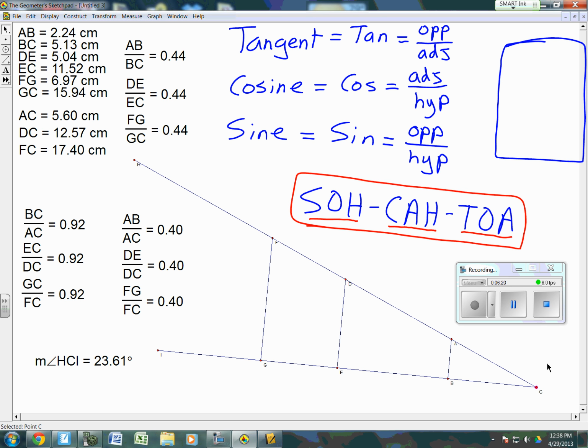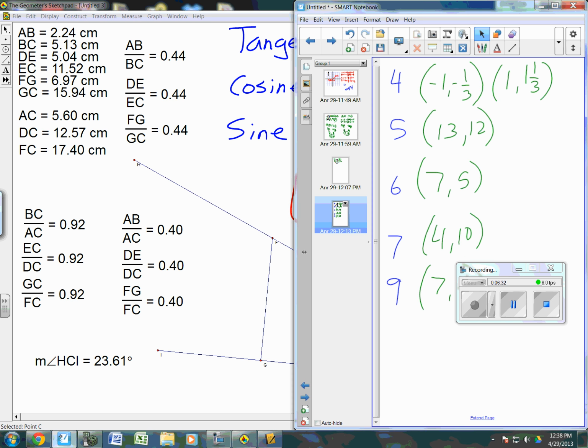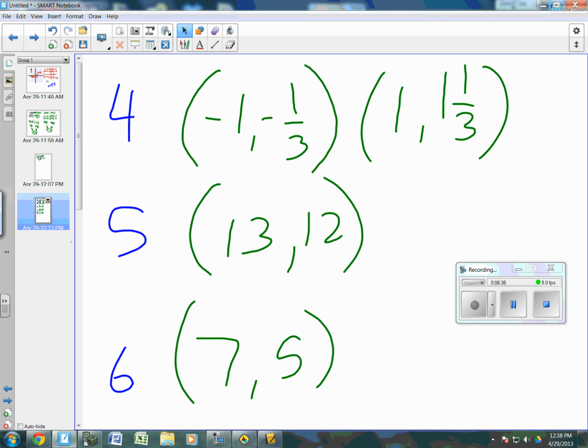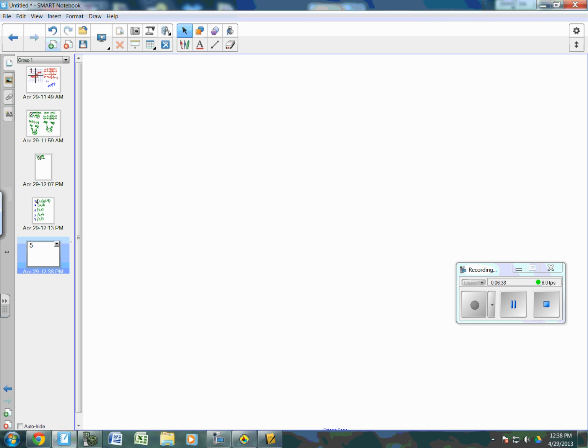All right, now I'm going to teach you how to use this in the real world. Let's draw a triangle right here.